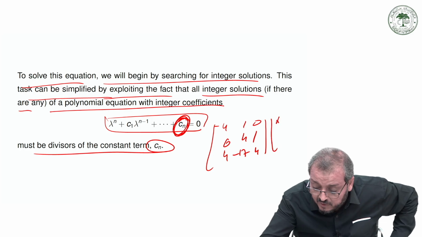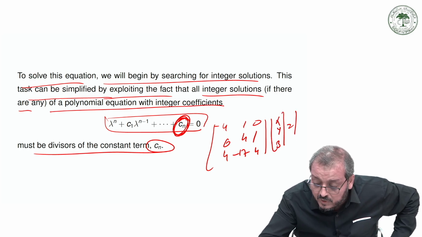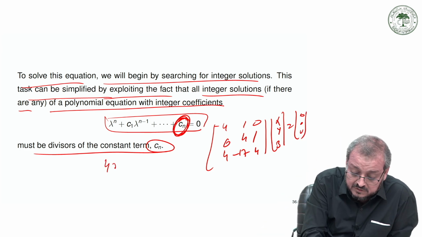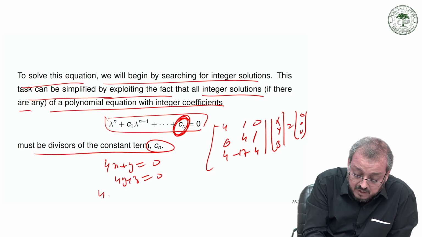Then we have 4x plus y is equal to 0, then 4y plus z is equal to 0, then 4x minus 17y plus 4z is equal to 0.